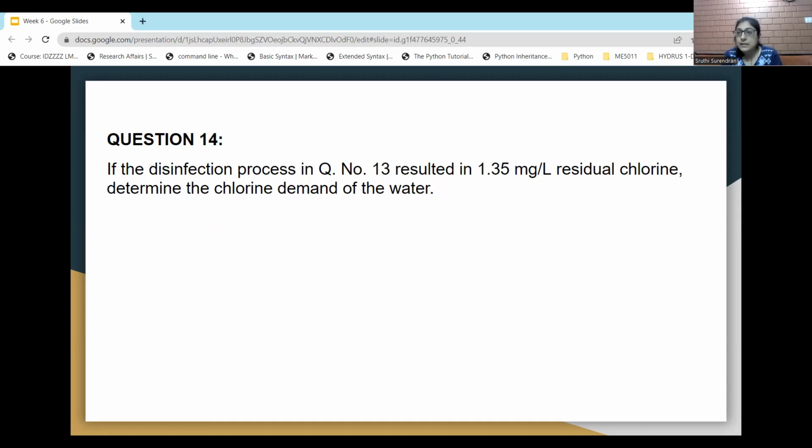So using that formula that I just now told, it is very simple to calculate what is the chlorine demand. Chlorine dose is equal to chlorine demand plus residual chlorine. So just do the calculation and let me know the answer. The 14.35 milligram per liter is the chlorine dose.